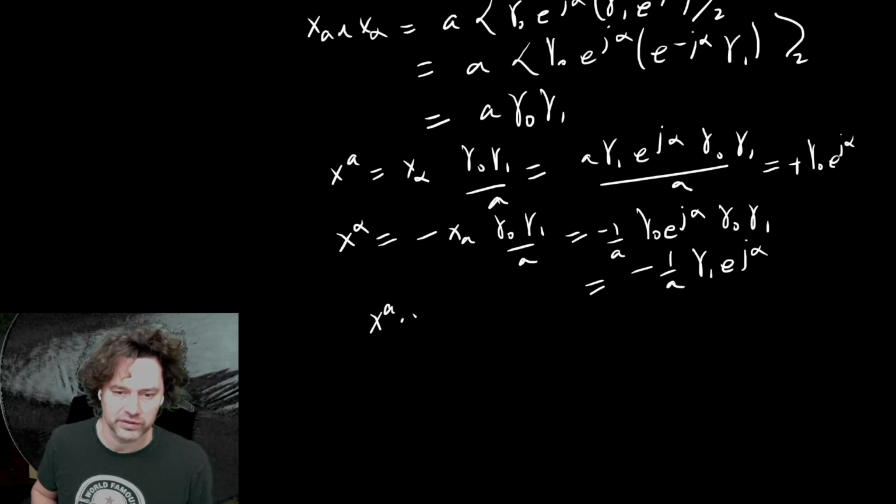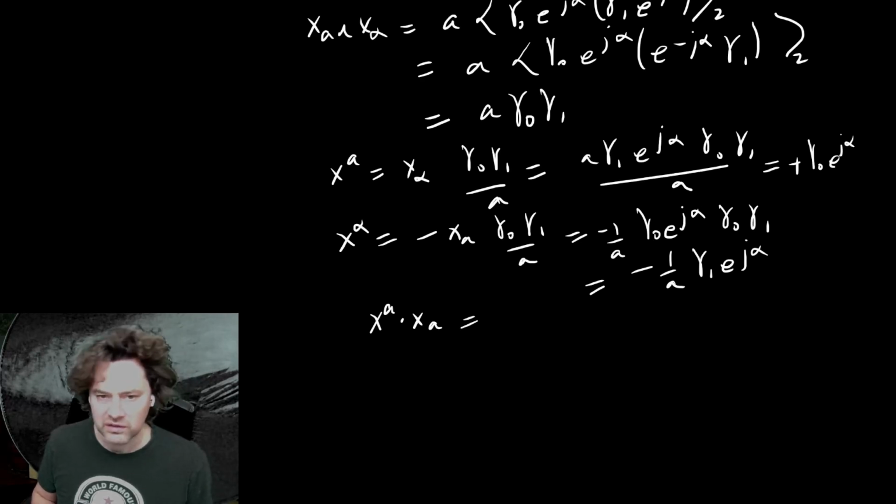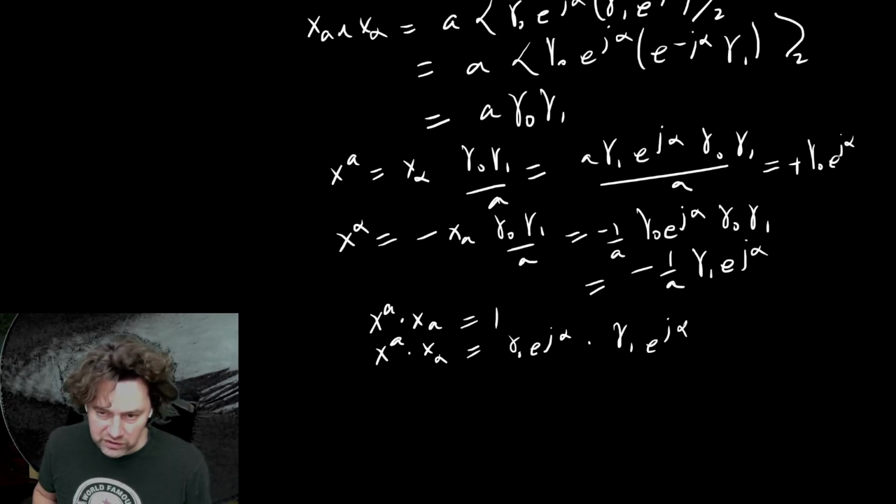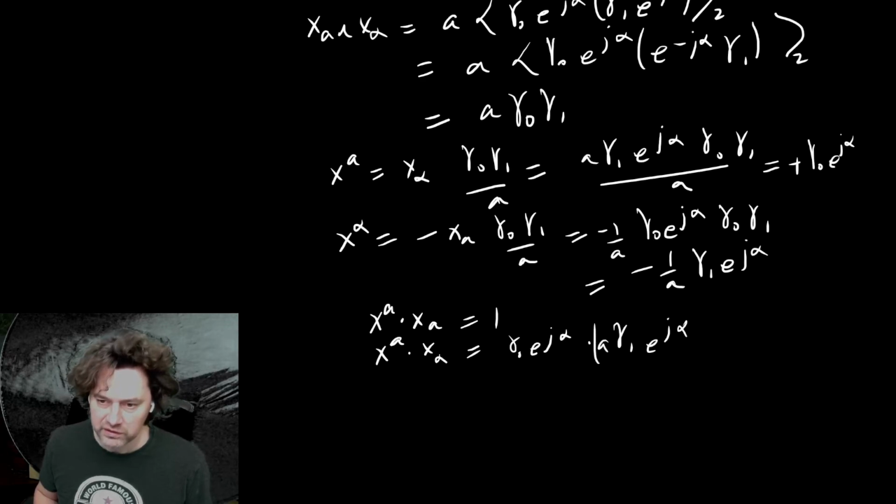Let's do xa dotted with xa, which is just xa squared, which is 1. That's good. Xa dotted with x alpha is gamma naught e to the j alpha dotted with gamma 1 e to the j alpha, and there should be a vector of A in there.